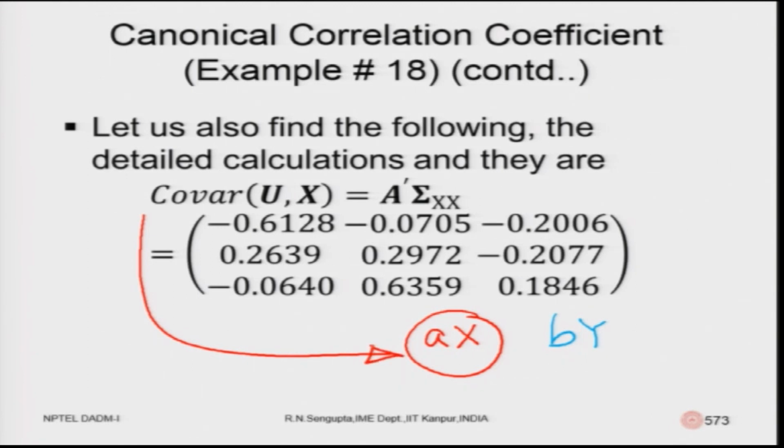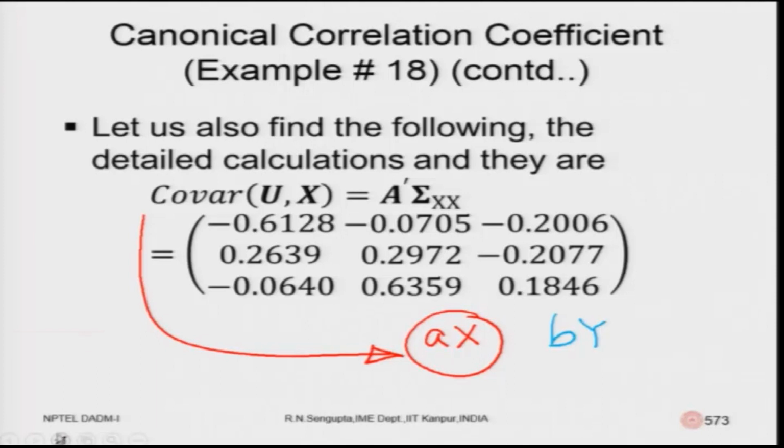The covariance of u and x: u is a combination of a into x, so obviously it would be the covariance multiplied by a, the covariance being for x and x. So, once we find it out, this is the covariance existing between u and x.